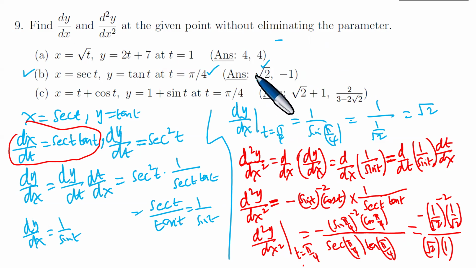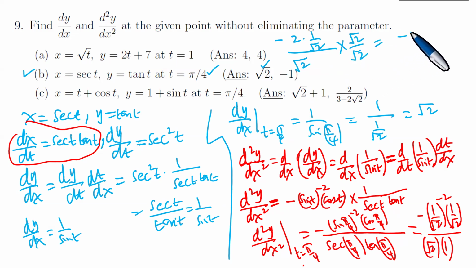The square root of 2 squared, which is a 2, and then 1 over the square root of 2, and then you multiply by the square root of 2, which is minus 2 divided by 2, giving us a minus 1. And this is d squared y over dx squared evaluated there.